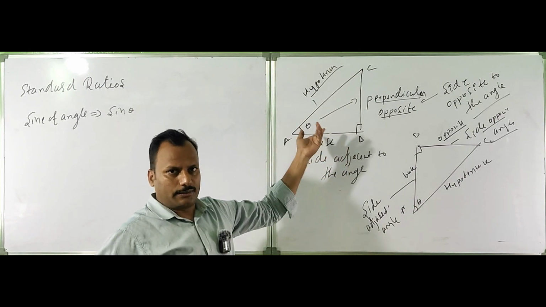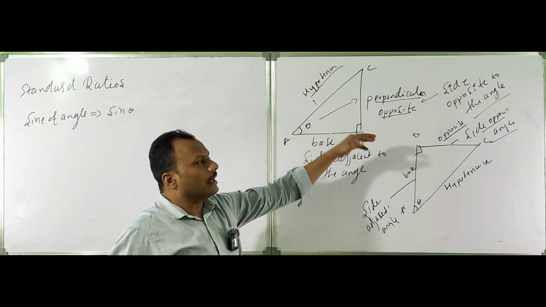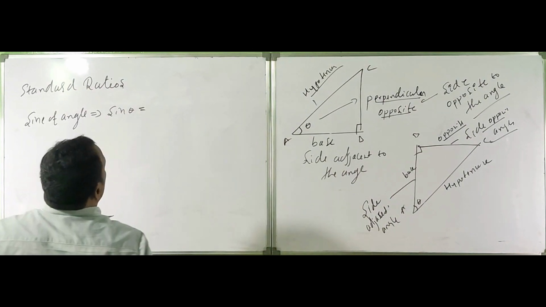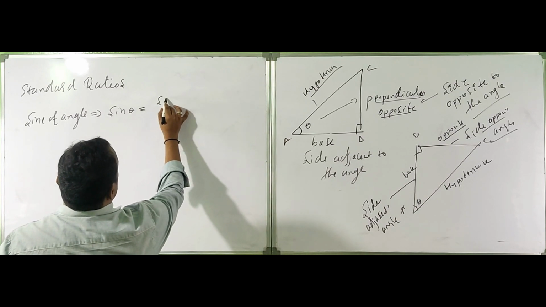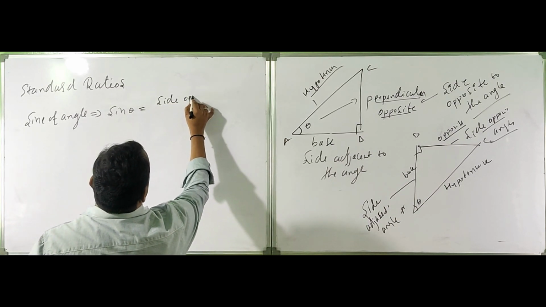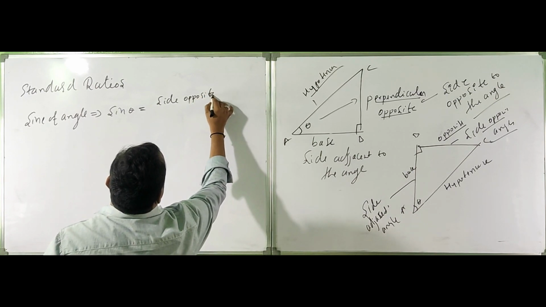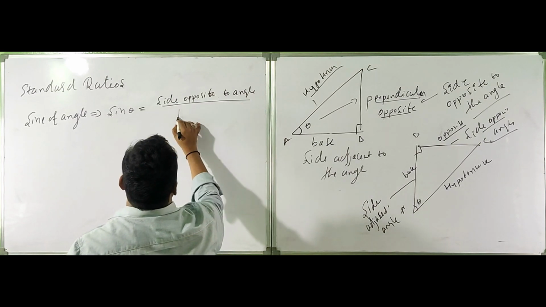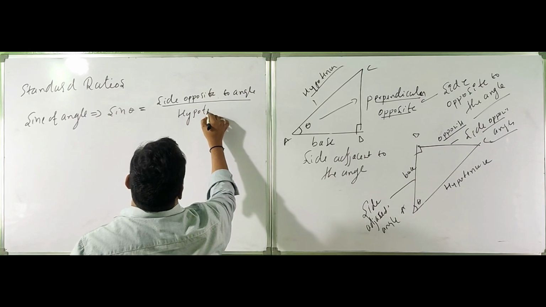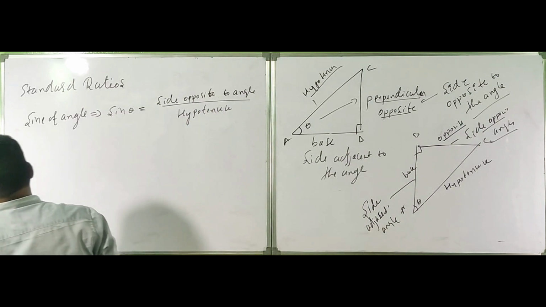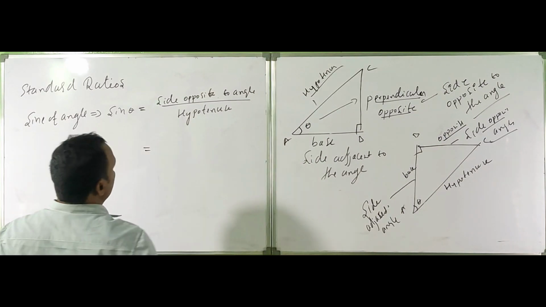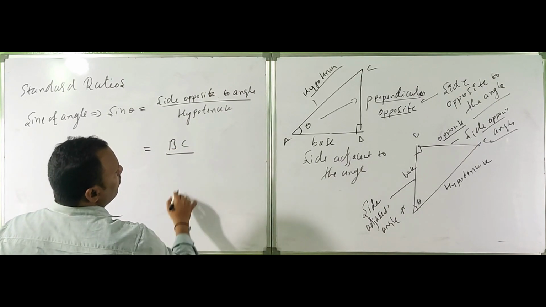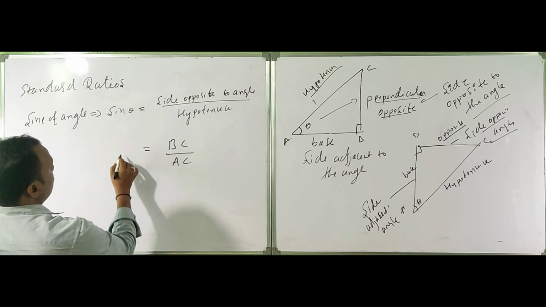If theta is given, I take that; if not given, take angle A, angle B, angle C. The definition is the ratio of the side opposite to the angle to the hypotenuse. Opposite is BC by AC, sin theta.